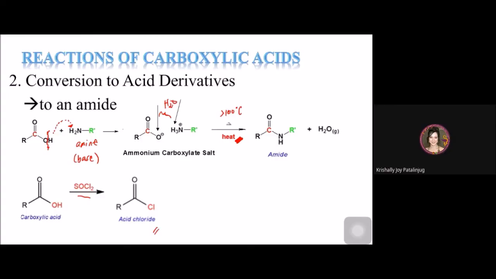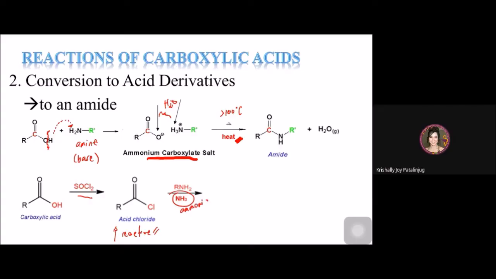This acid chloride is much more reactive compared to the ammonium carboxylate salt. That is why it would be a good idea to first form the acid chloride equivalent of the carboxylic acid before reacting it with an amine, let's say ammonia, the simplest amine.